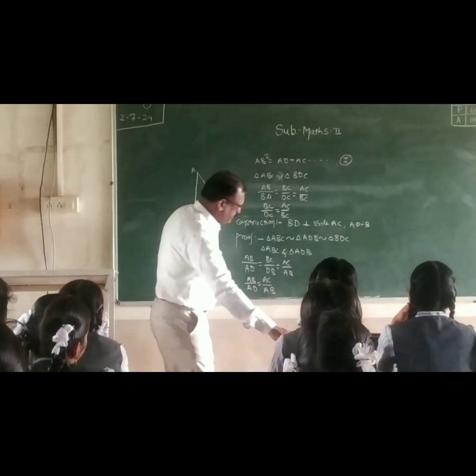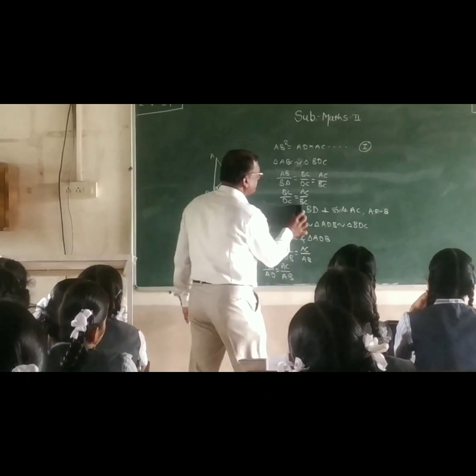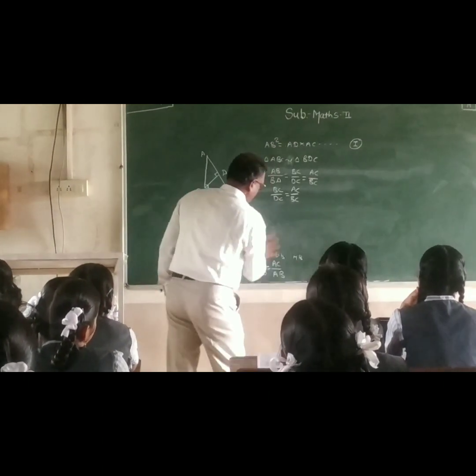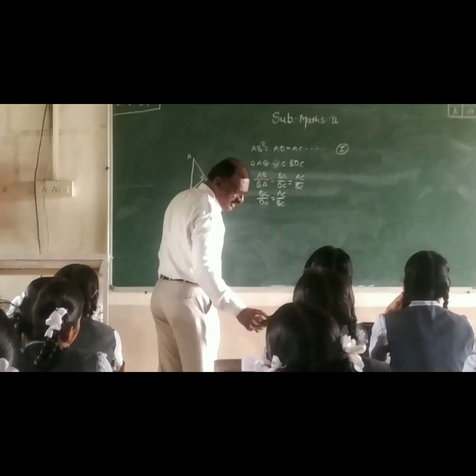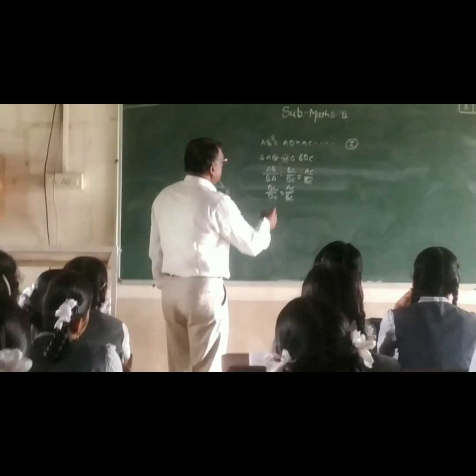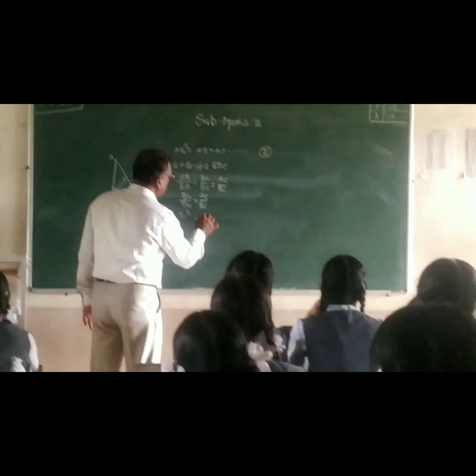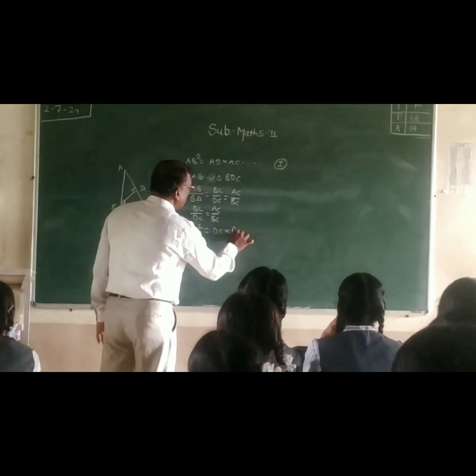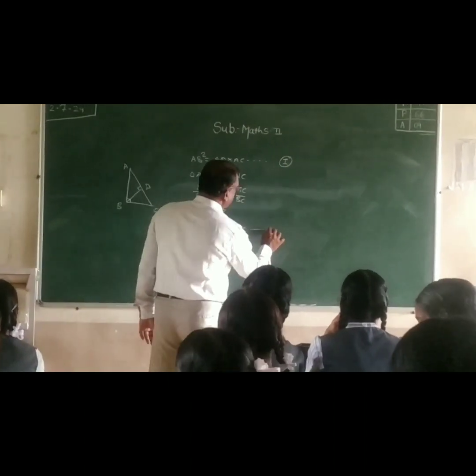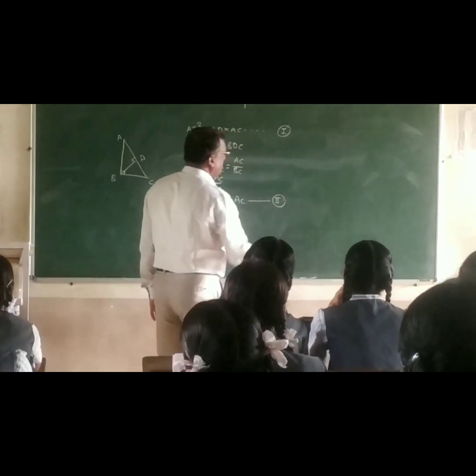Now take BC upon DC is equal to AC upon BC. Cross multiplication gives BC square is equal to DC into AC. This is equation number 2.